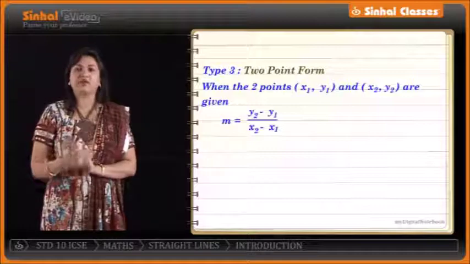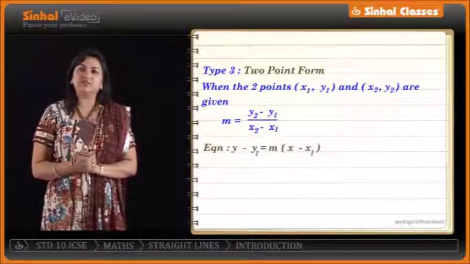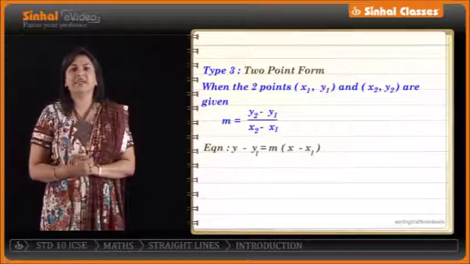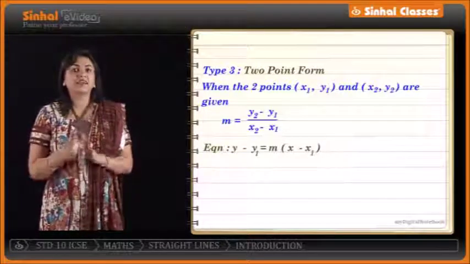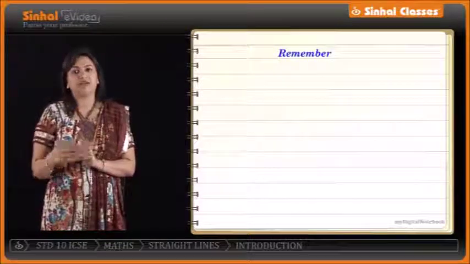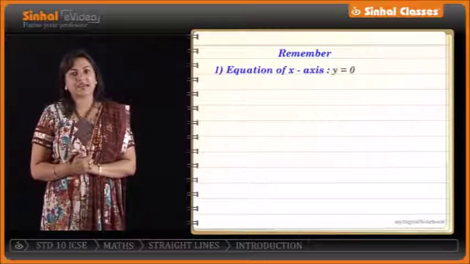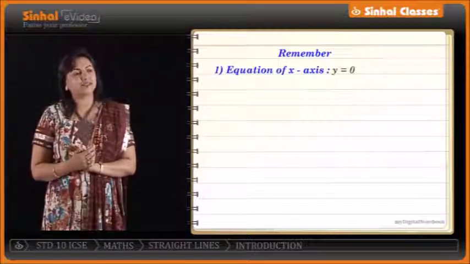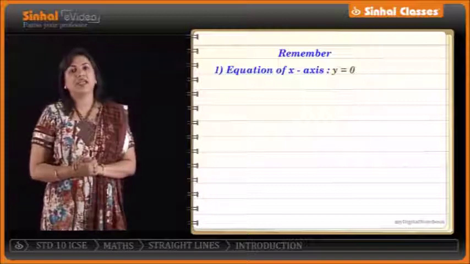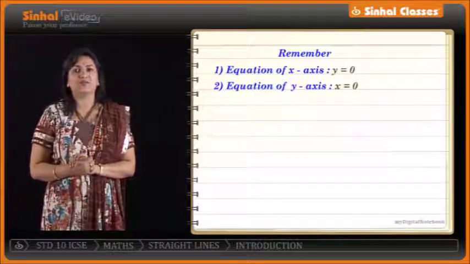Then we can write its equation as y minus y1 is equal to m times x minus x1. Now the equation of the line will be different for different axes. Let's see that. Equation of the x-axis is y is equal to 0. Equation of y-axis will be x is equal to 0.